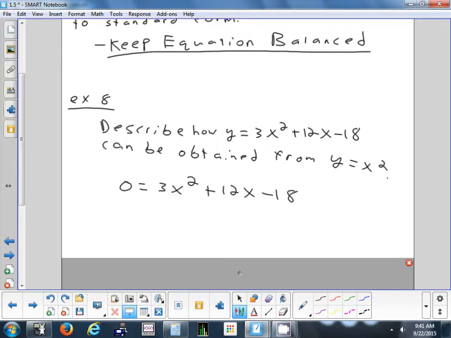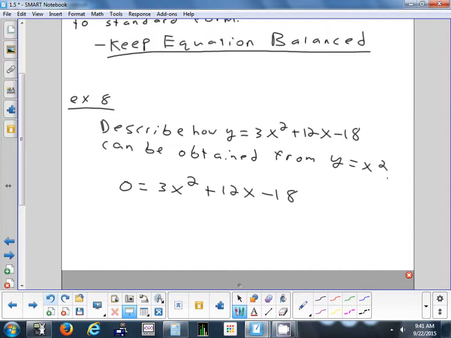If I had something like this, my first step would be move the 18 to the other side and get it equal to 0. In this problem, I've already done that for you. So we start with that. Any questions so far?